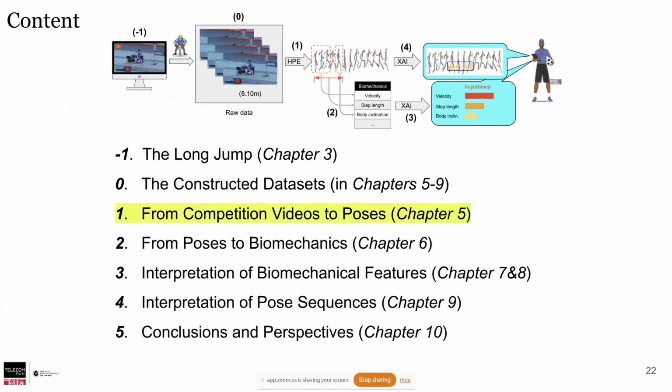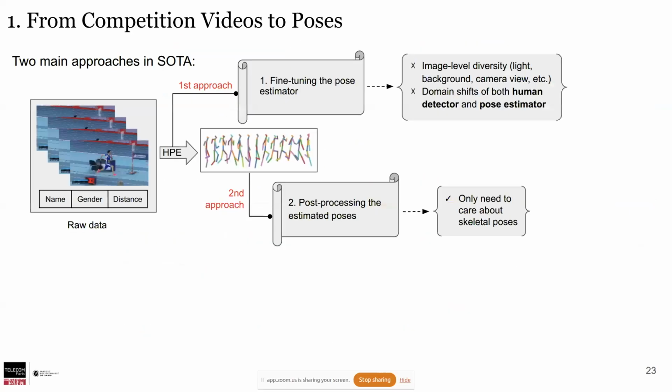So now we really come to the ideas we proposed. We would like to study, as we mentioned previously, that the state-of-the-art human pose estimation doesn't perform that well on competition videos. People have studied this problem mainly following two approaches.